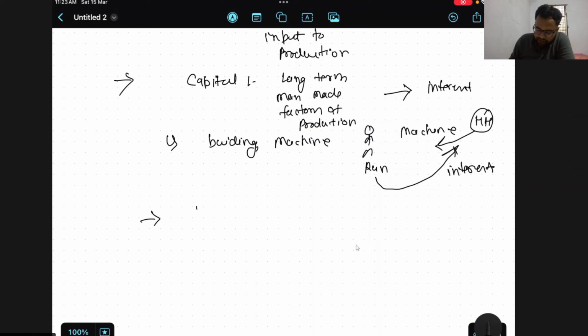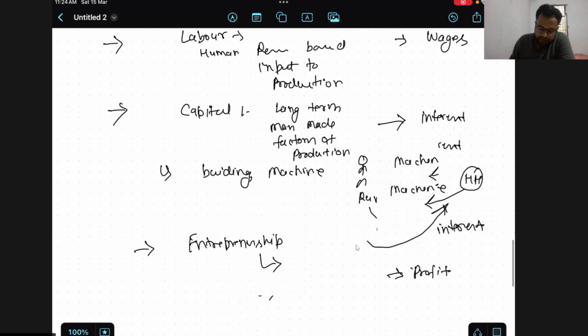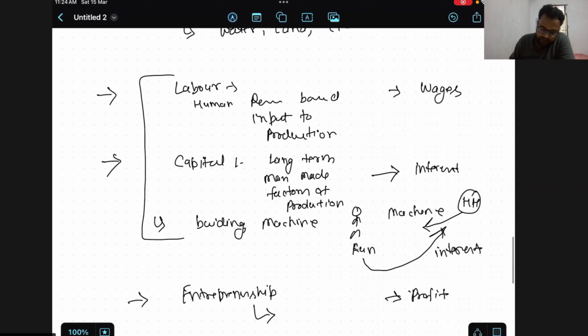The fourth one is entrepreneurship. A person will come, combine all these three factors of production and run a factory. If he is able to run that business profitably and earn some profit, then the factor payment would be the profit for that person, because he is taking the risk to combine all these things and make a profitable business.